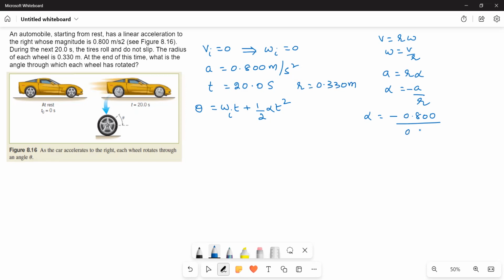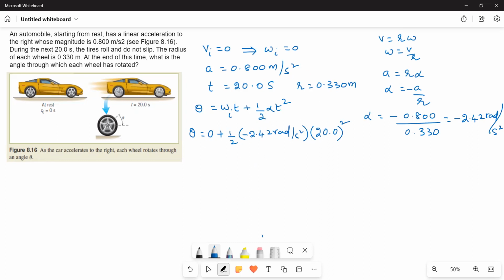That gives a value of minus 2.42 radians per second squared. So theta is equal to 0 plus half times minus 2.42 radians per second squared times 20 seconds squared.